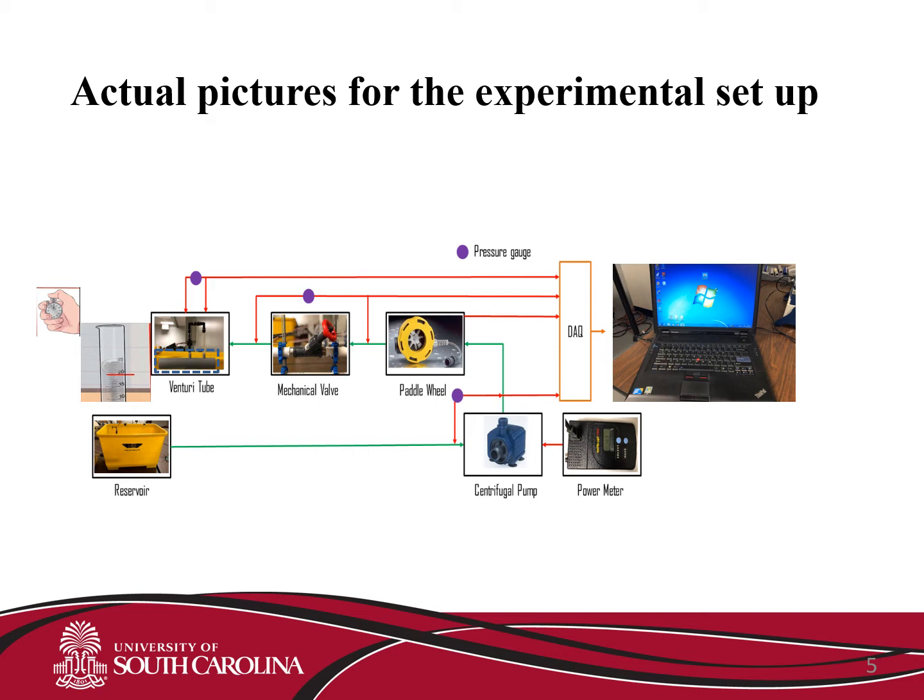This is the actual picture of the experimental setup. You can see this is the reservoir tank, the centrifugal pump, and the power meter. This is the power supply, used to run the centrifugal pump, and we can get the power, in watts, directly from it.